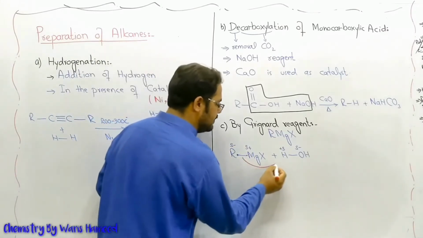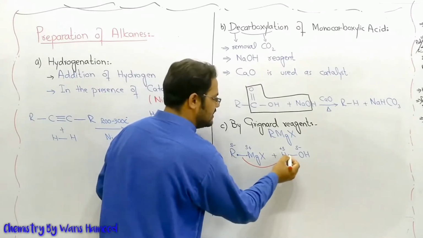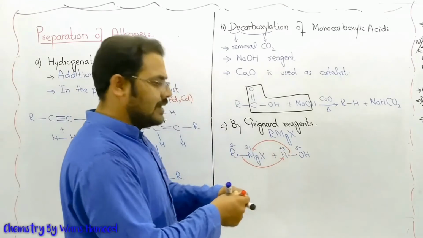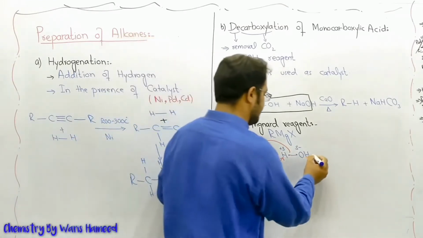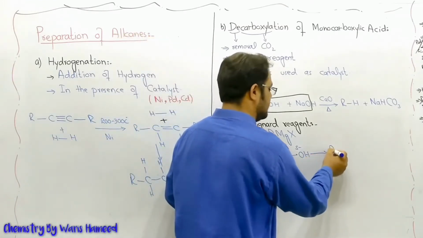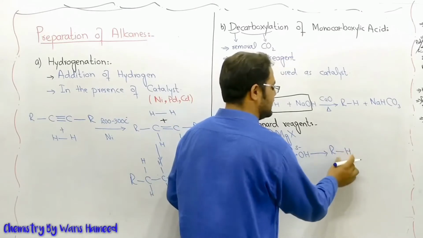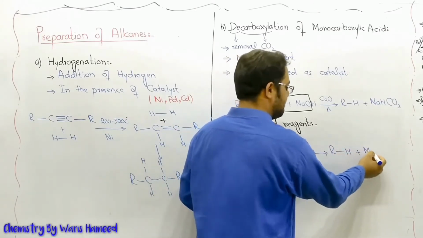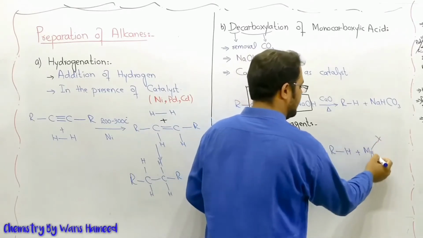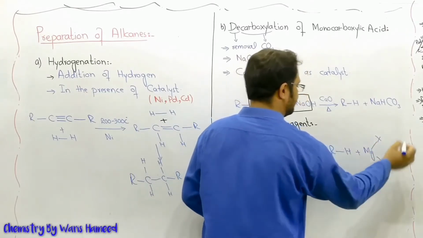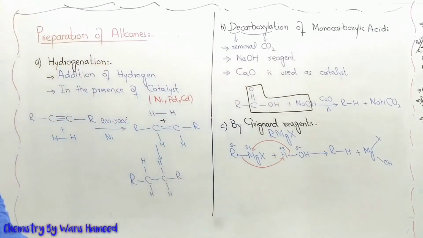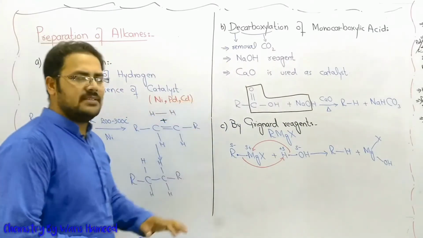This hydroxyl will attach with this magnesium atom, and the resultant product will be alkane and MgX and OH. I hope that you have completely understood these three mechanisms.